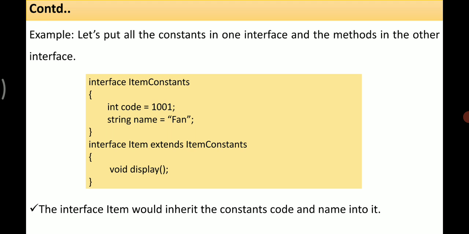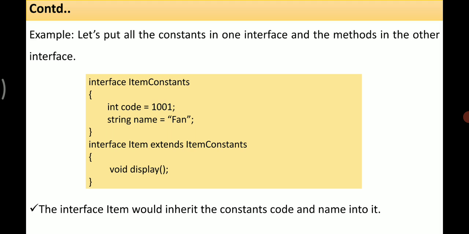We have int code equal to 1001 semicolon, so the value assigned to code is 1001. Next we have string name equal to fan, so fan is the string assigned to the name variable. So this interface contains all the constants.